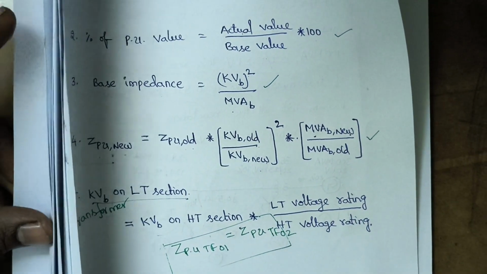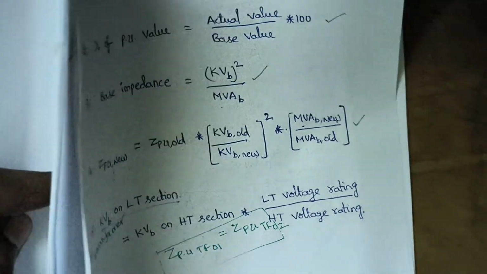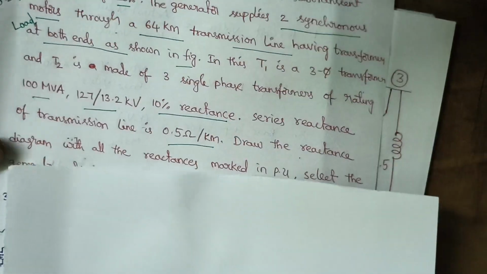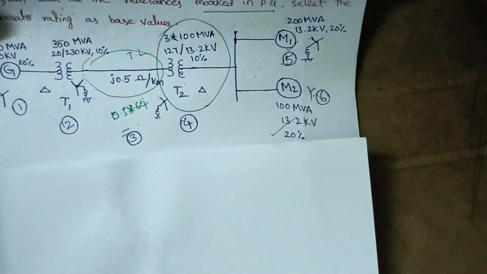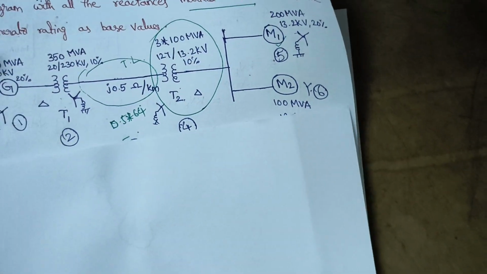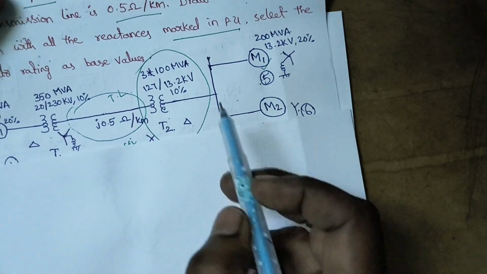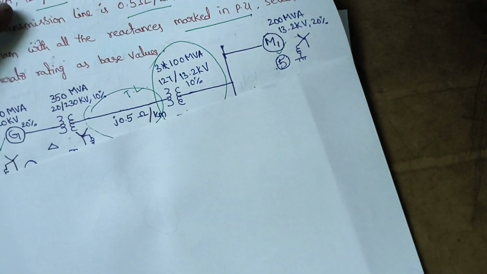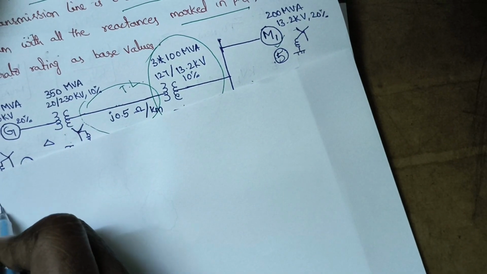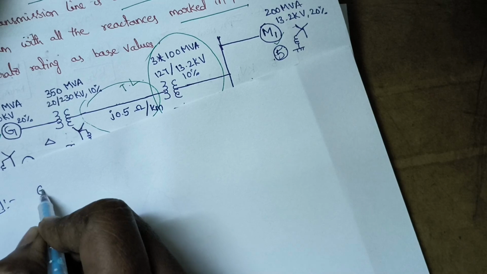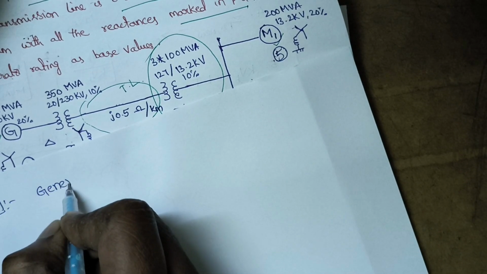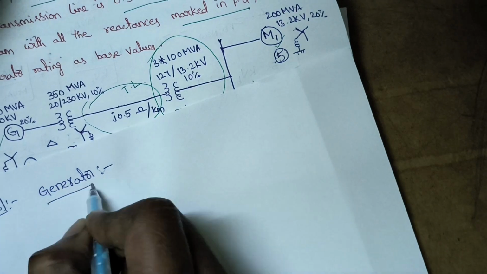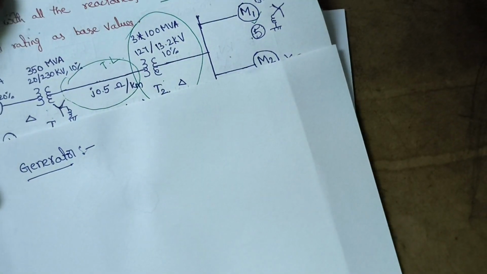Now, how to solve this problem? First let us see this question and we solve step by step. The first one is, I will take the generator. He said to select the generator rating as base value. So let me assume the solution for the generator.